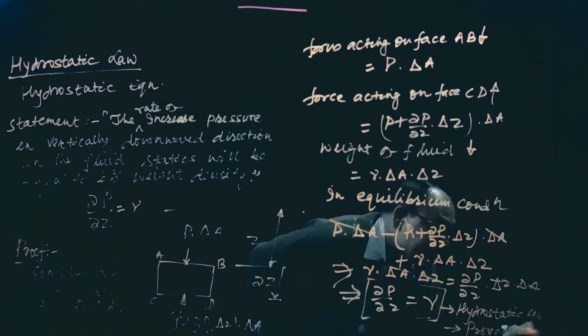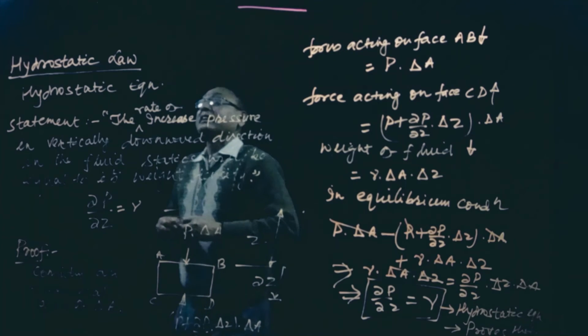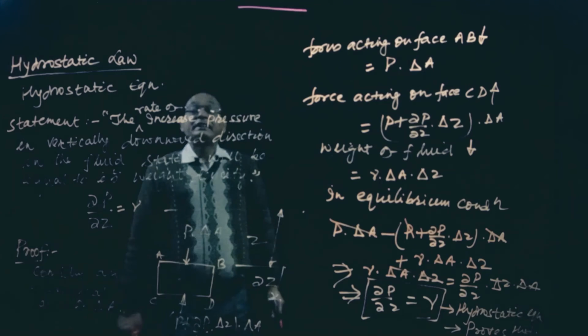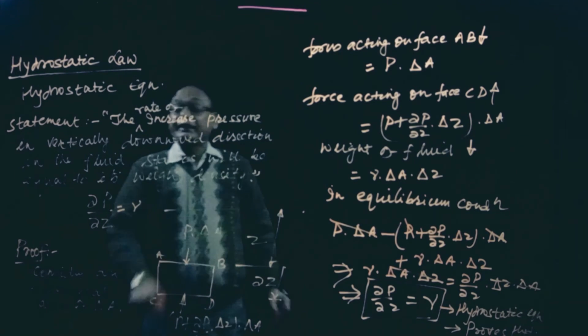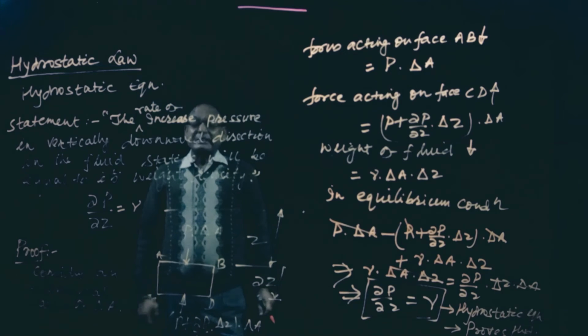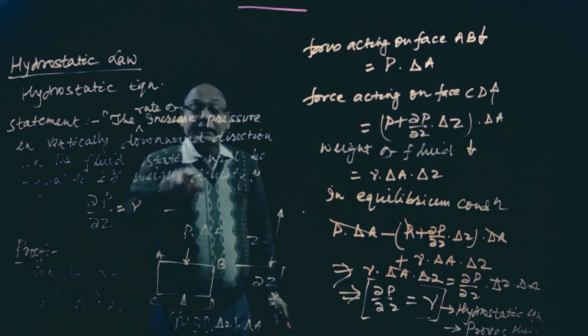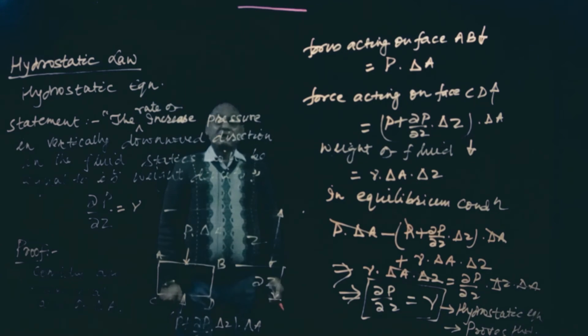Let us summarize what we have studied in this session. Hydrostatic law states that the rate of increase of pressure in the vertically downward direction in the fluid static will be equal to its weight density, that is dP by dZ is equal to gamma.